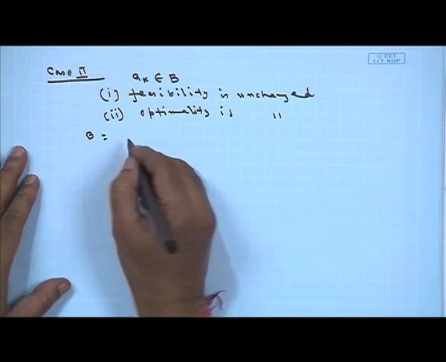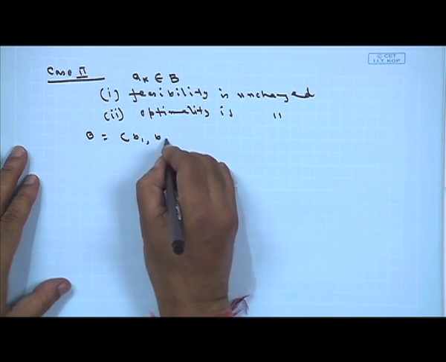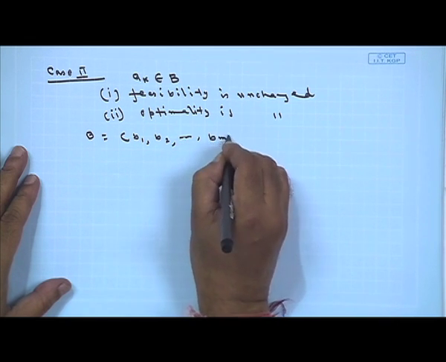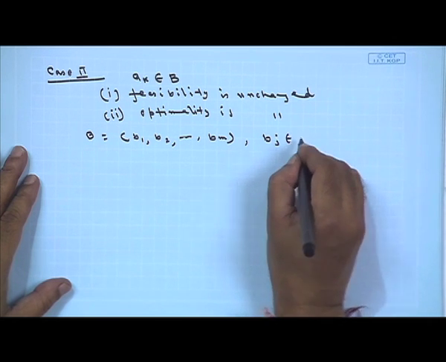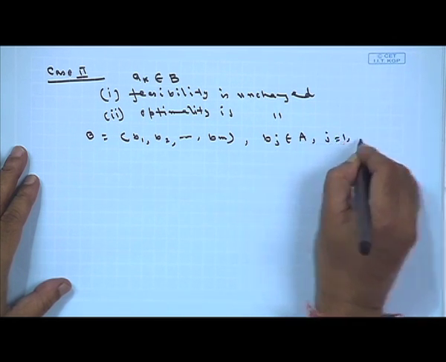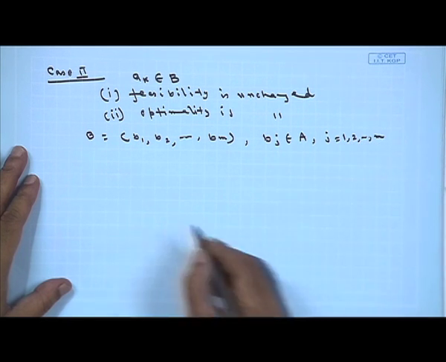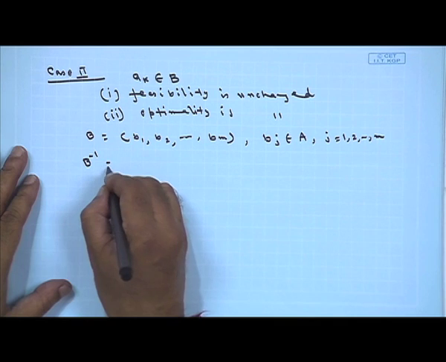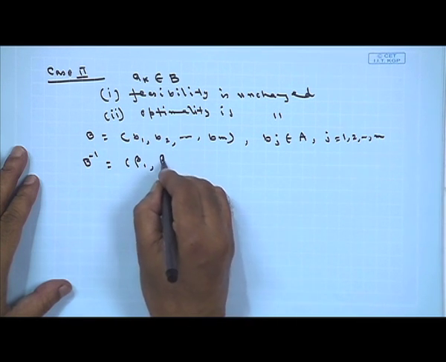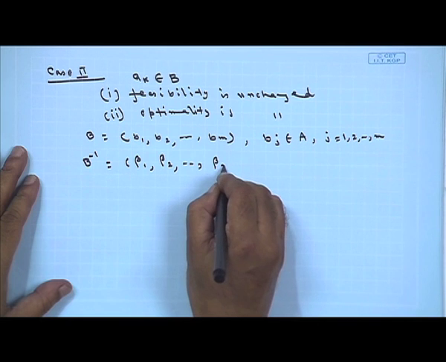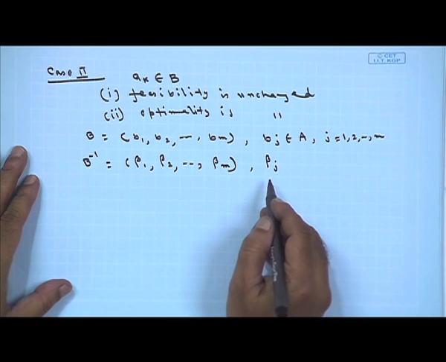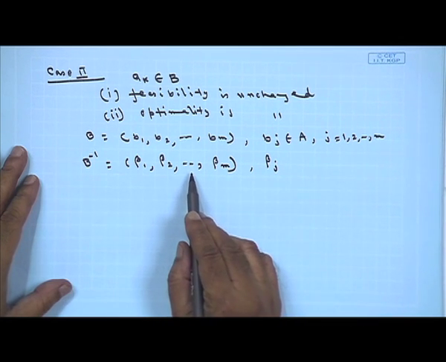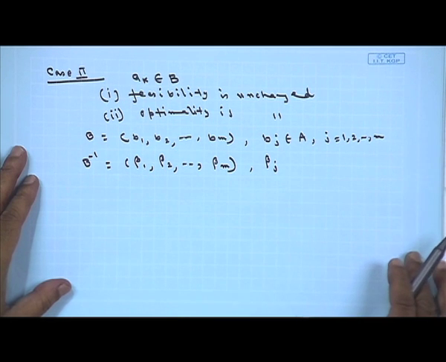So, the first case, let us come. Suppose your B is B1, B2, ..., Bm, where Bj belongs to A, j equals 1 to m, and your B inverse we are assuming as beta 1, beta 2, like this way up to beta m, where beta j is nothing but the jth column vector of B inverse.